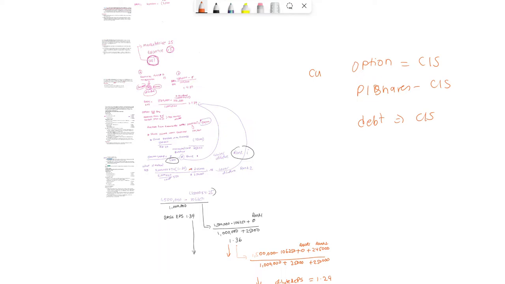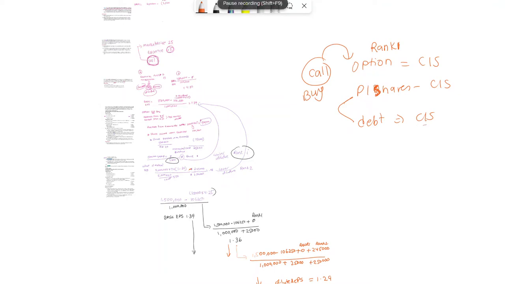If it's a call option, it will always be in the money. A call option is to buy or to purchase. They will always be in the money, because otherwise you will not exercise it, and they will always be rank number 1. Then look at these two, they could be rank 1 or 2, and we have done preferred shares that can be converted into common shares, and debt that can be converted into shares.